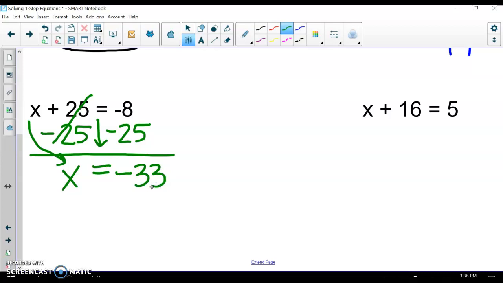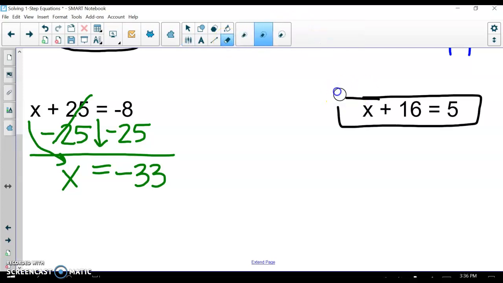Finally, I want you to pause the video and I want you to try this last equation on your own. All right, I will go through it. I will write out an answer step by step, and then you can check your work with my work.